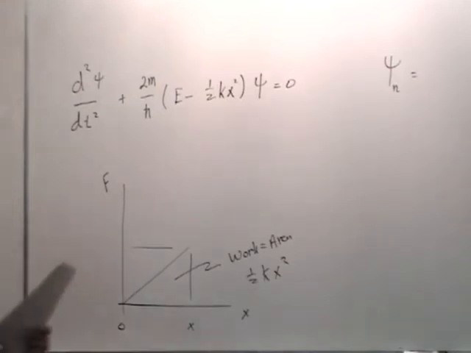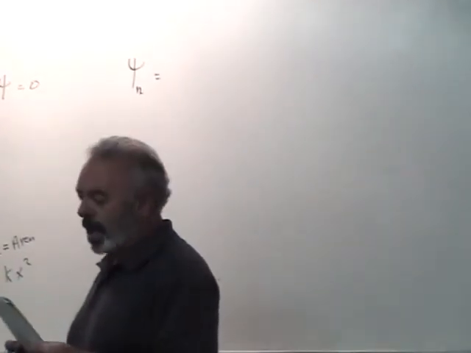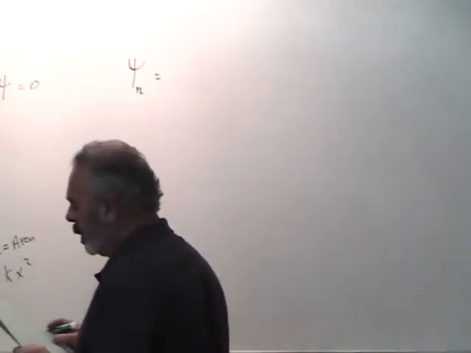Here's the answer. Notice I put psi sub n because just like you would expect, we're going to end up with answers that are n dependent. They are only certain allowed discrete values.